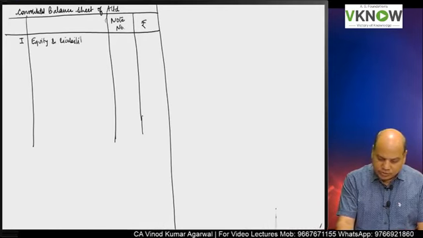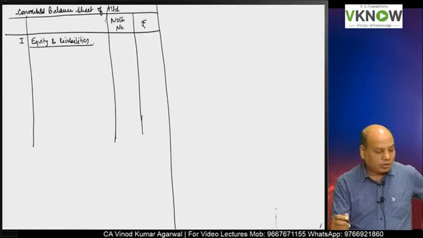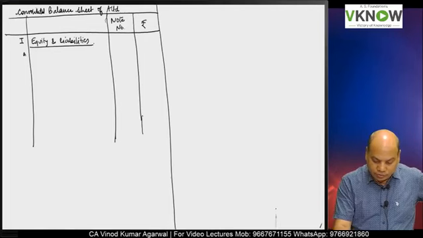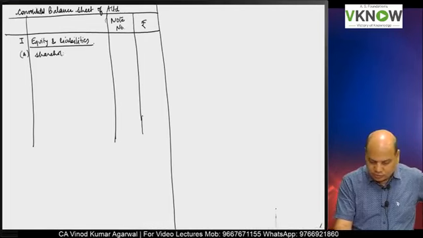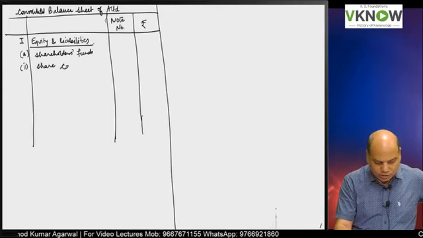Question is from study material, so that you can, if you practice on your own, you will understand more. A, write down shareholders funds. Under shareholder fund, write down share capital.